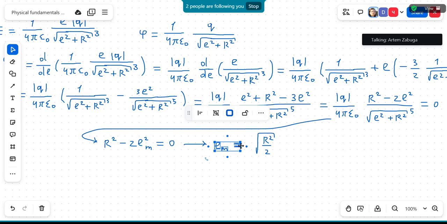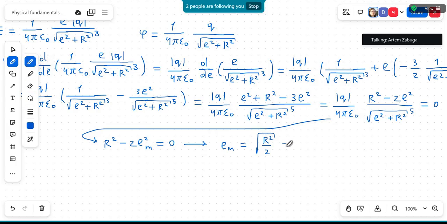And because of this, we will have the absolute value of r divided by square root of 2, and r is positive, so we can rewrite this as r divided by square root of 2.